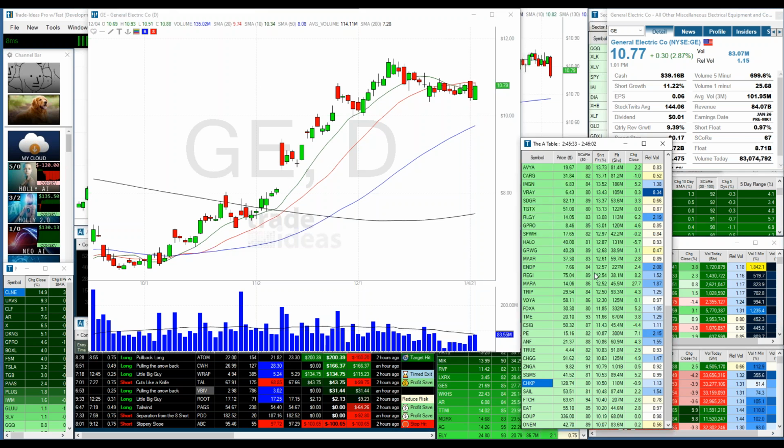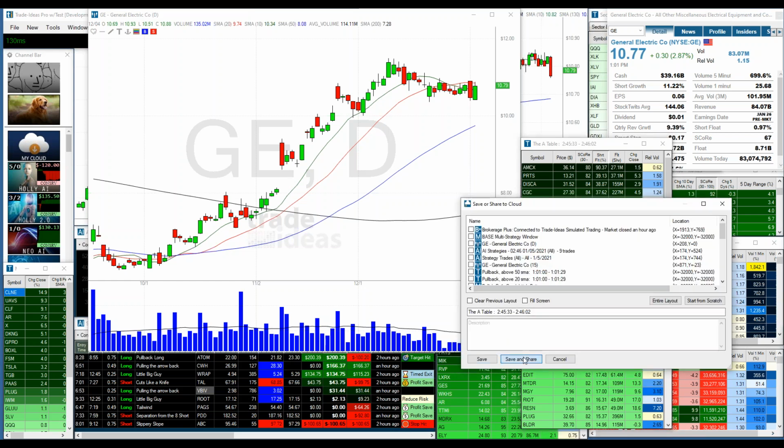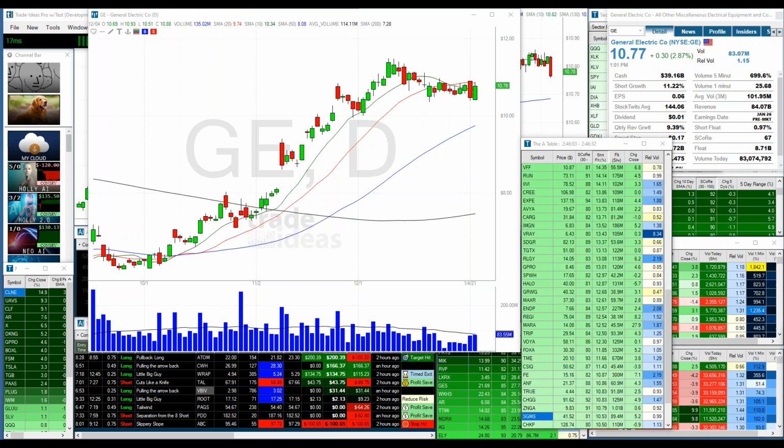Okay, so as promised, the A table. So there's the A table. The A table junior is nothing more than this scan, but I put a price cap of 25. So if you want to put a price limit of 30, 40, 50, whatever, it's open for you to do.